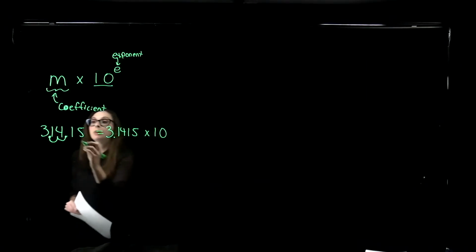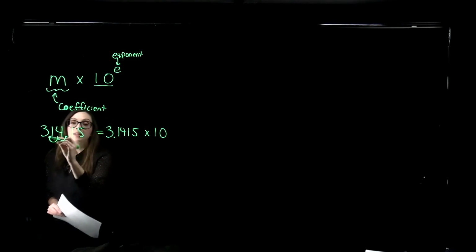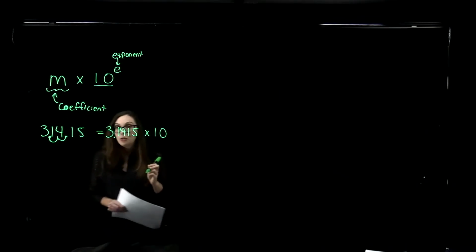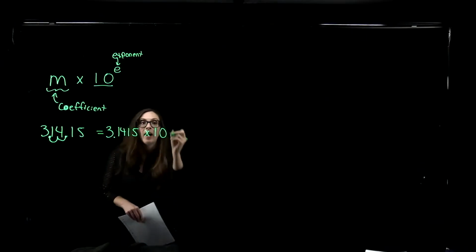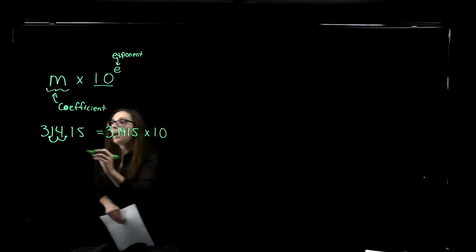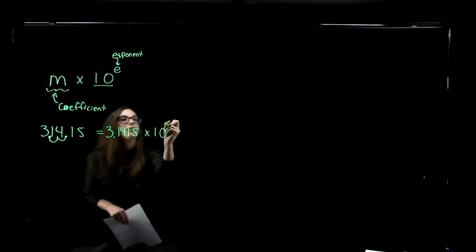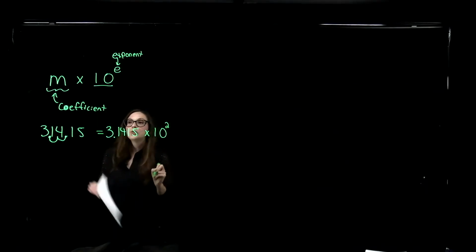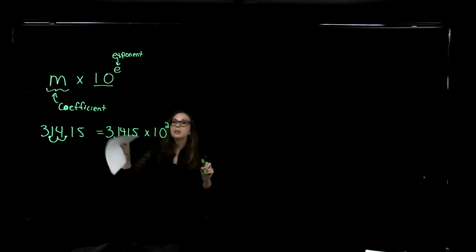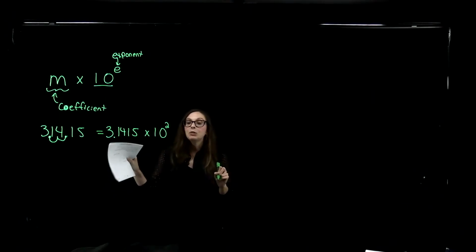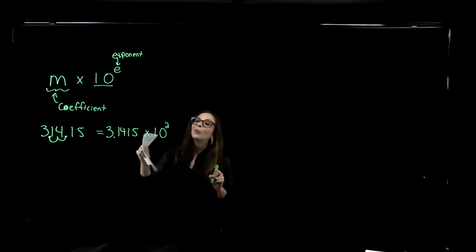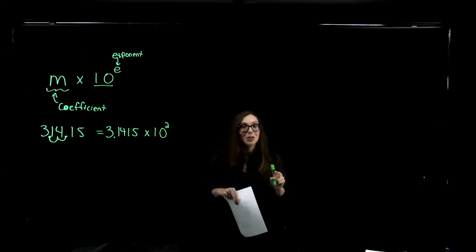Well, here I had to move my decimal 2 spaces to the left. And when you move 2 spaces to the left, you have a positive exponent. I moved it 1, 2 spaces to the left, so there's a 2 on here. So this number, 314.15, in scientific notation becomes 3.1415 times 10 to the 2.